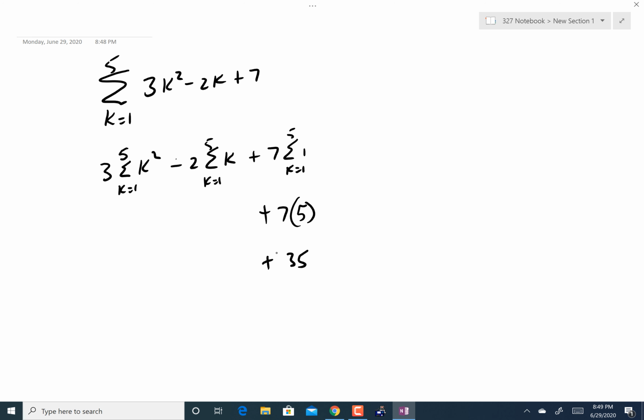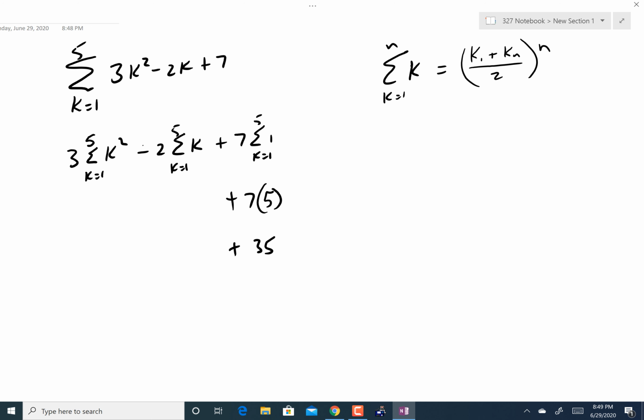Cool. Okay. What happens when you add up numbers? Well, it turns out that the sum of k, when k equals 1 to n, is simply going to be equal to k1 plus kn divided by 2 times n.